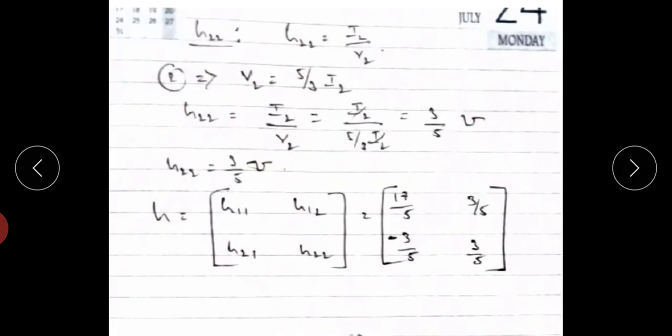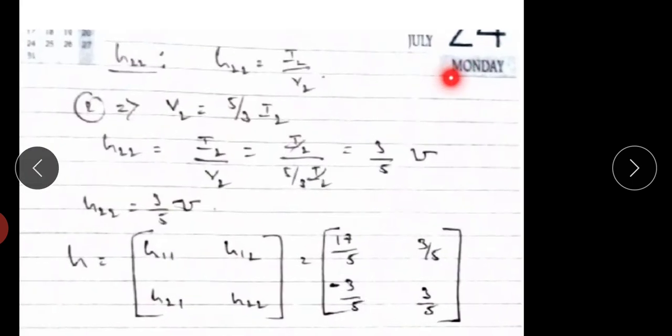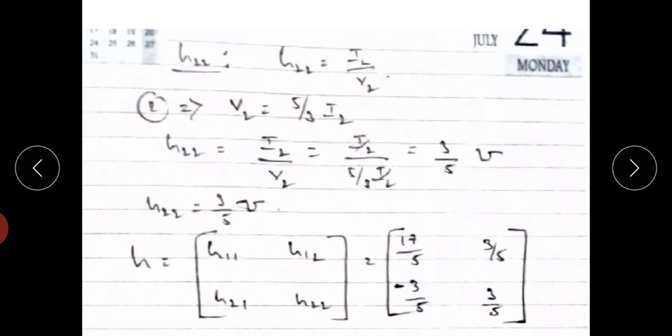Next one, H22. H22 equals the formula I2 by V2. Already from equation 2 we have a relation between V2 and I2. V2 equals 5 by 3 into I2, at the I1 equals 0 condition. So now we have to find H22. H22 equals I2 by V2.